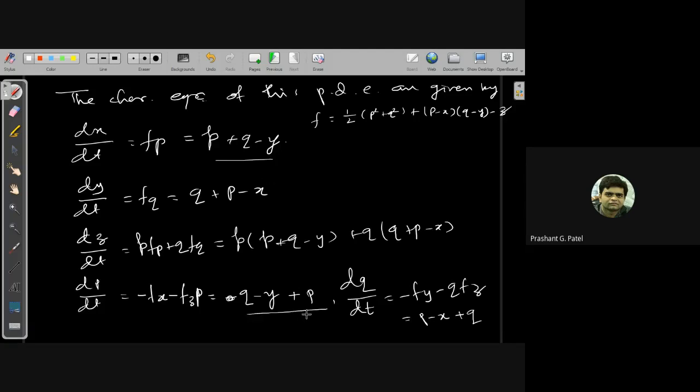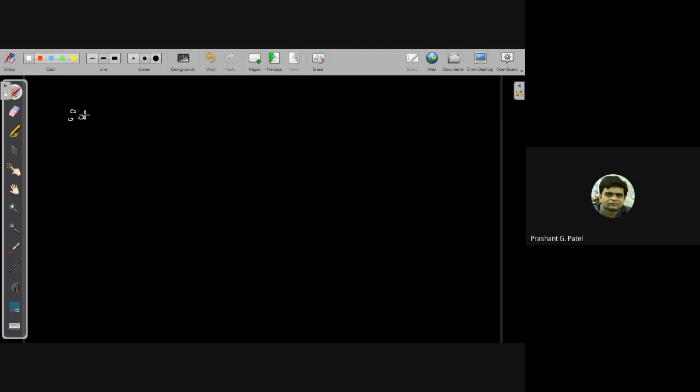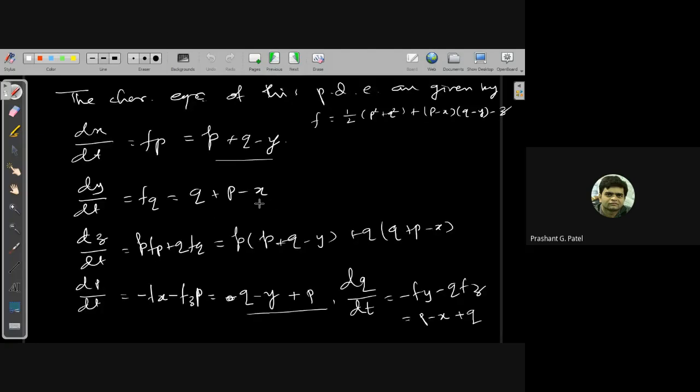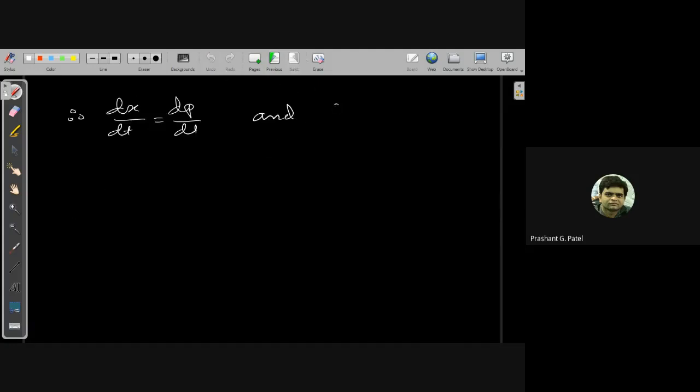They are the same. So from this we can say, therefore, dx by dt is the same as dp by dt. Also, you just observe that this is also the same. So dy by dt is equal to dq by dt. So from this we can have the solution now.